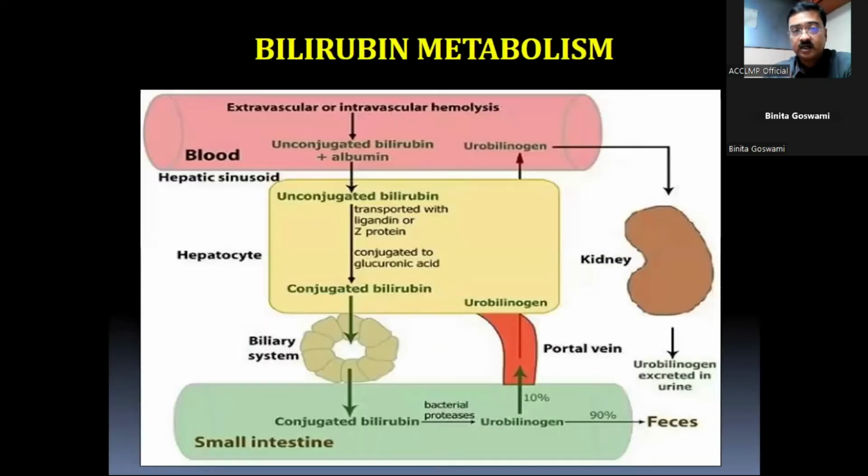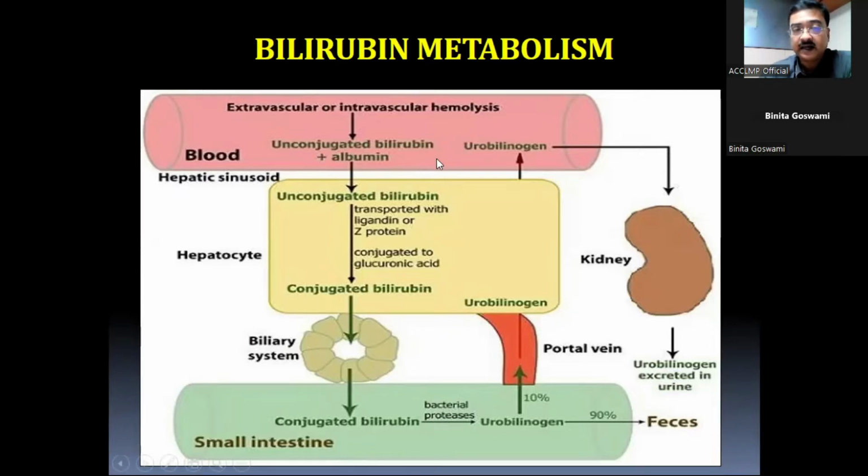Now just have an idea about bilirubin metabolism. The liver is actually the kitchen of our body, so liver metabolism is not very easy to understand, and lots of things are affected when the liver is affected. When there is extravascular or intravascular hemolysis, a good amount of bilirubin is released.